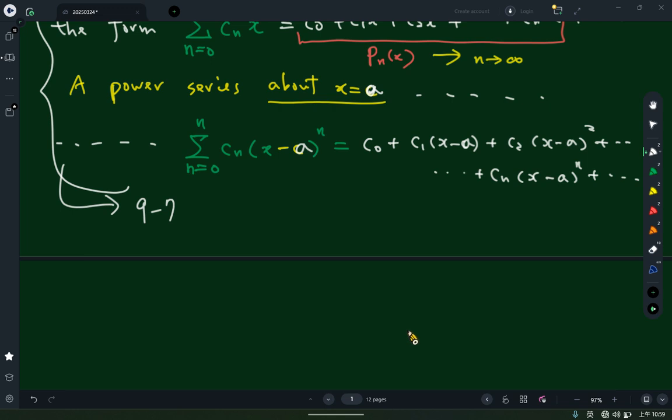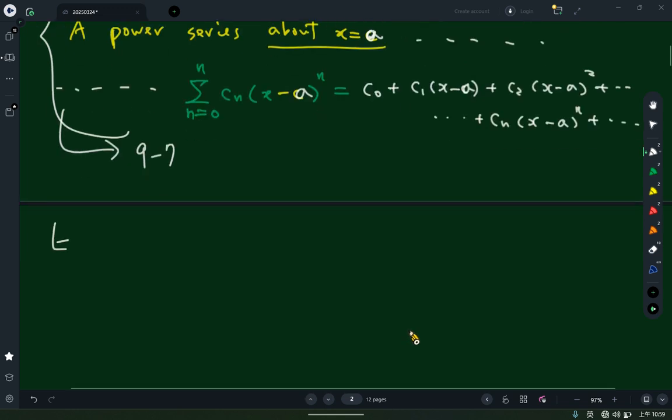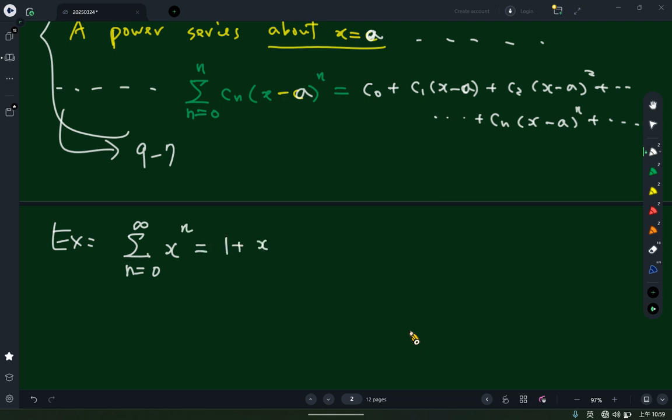And why should we learn this one? I will give you an example. For example, sigma n is equal to 0 from 0 to positive infinity x to the power of n.